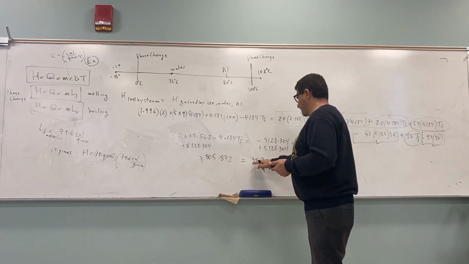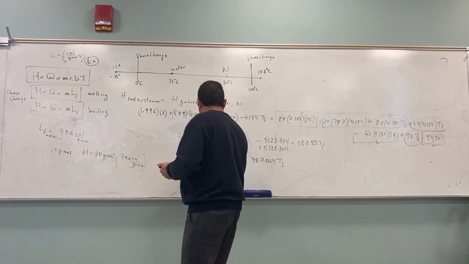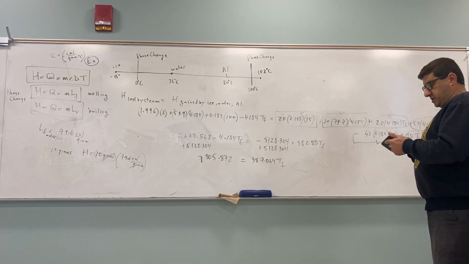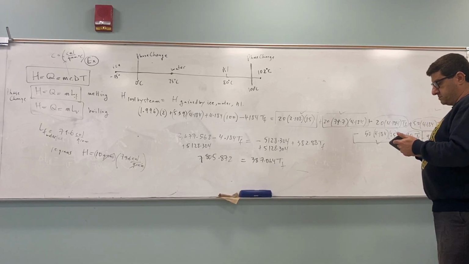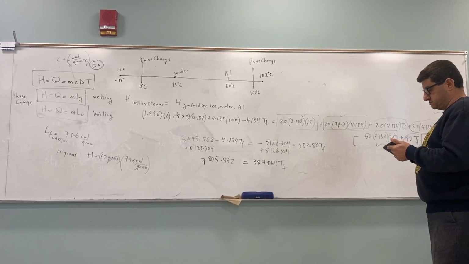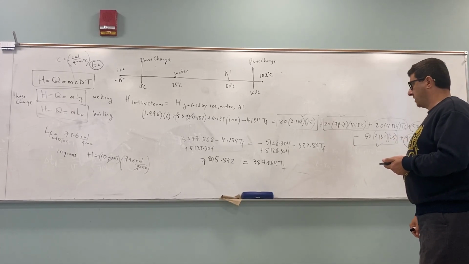Okay, after that, just divide by this. So this is 7,805. Okay, let's see here. Oh, 20. Wow.